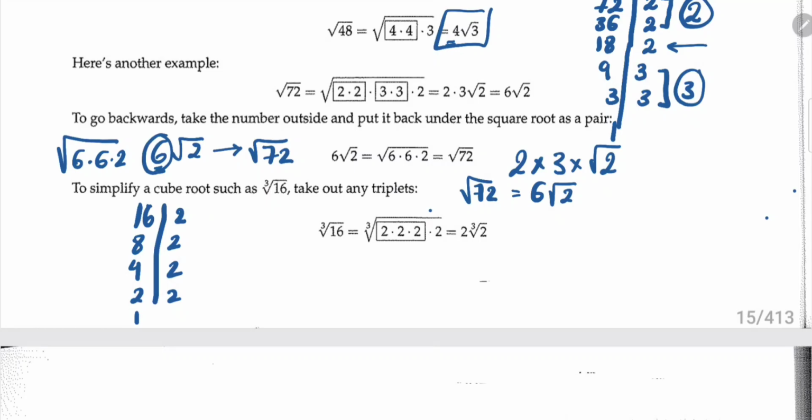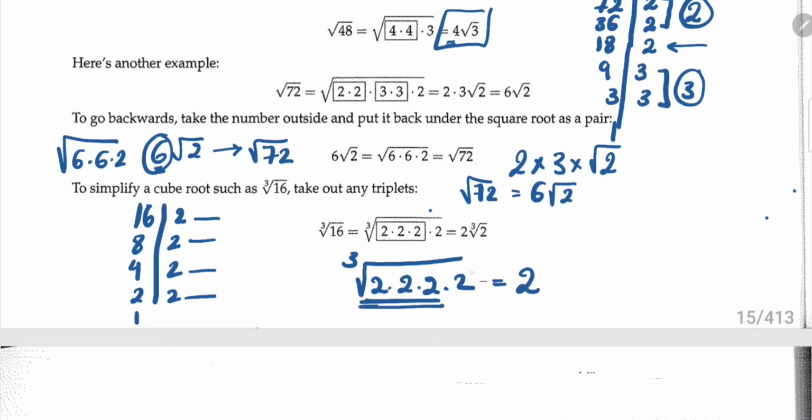So how can I write 16? It's the cubic root of 2 multiply 2 multiply 2 multiply 2. 2 is repeated 3 times, so take only one of it, so take only 2. And then I have cubic root 2. Okay, so back again, easy.